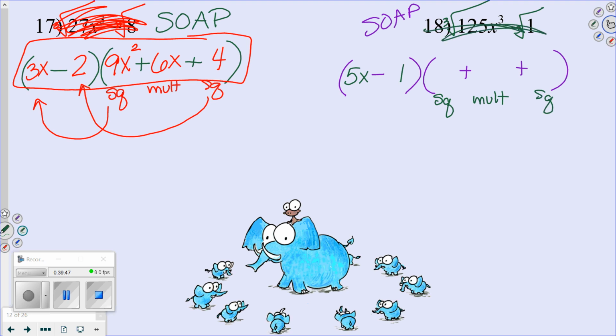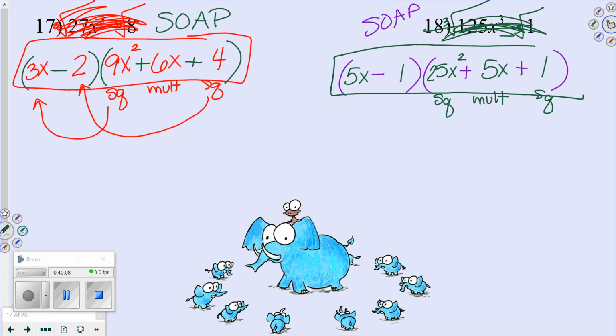Nope, don't care. I'm using this. What is 5x squared? It's 25x squared. Multiply them together. What's 5x times 1? And then square. What's 1 squared? It's 1. Will that factor any further? No.